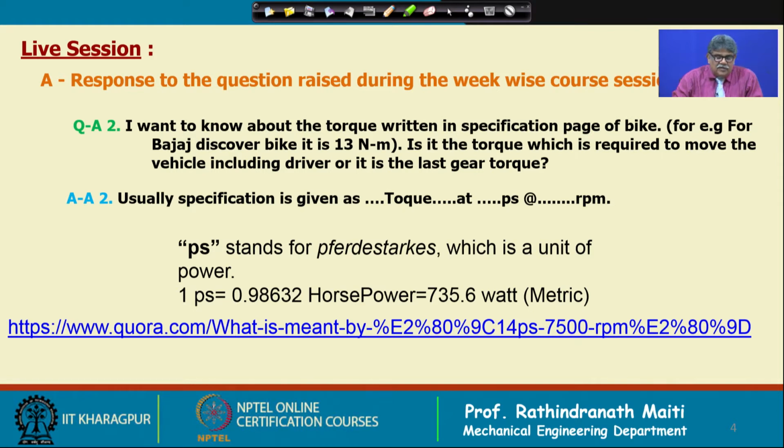That value is 1 PS equal to 0.9862 horsepower, which is equal to 735.6 watt, metric watt. So, that means that is the net torque, and the net power is what PS is written, at some RPM.